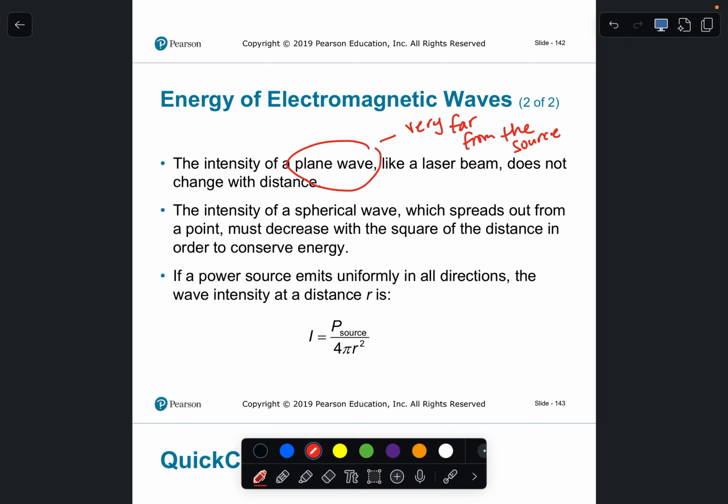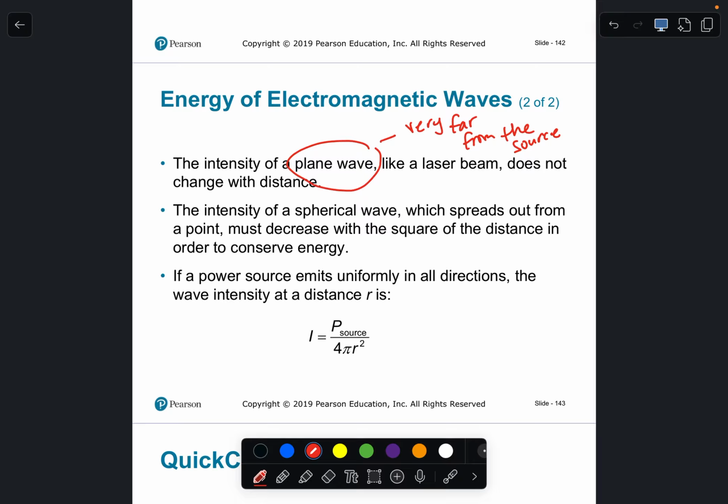But when you're close to the source, let's say this light bulb right here, you can imagine that if I turn off all the lights and left that one on, you would see the light back here. You would see the light everywhere, not just directly on me. It would be glowing and you could see it in other directions.